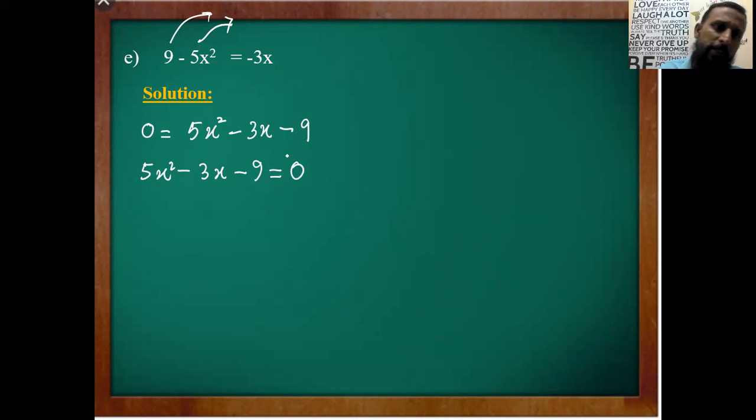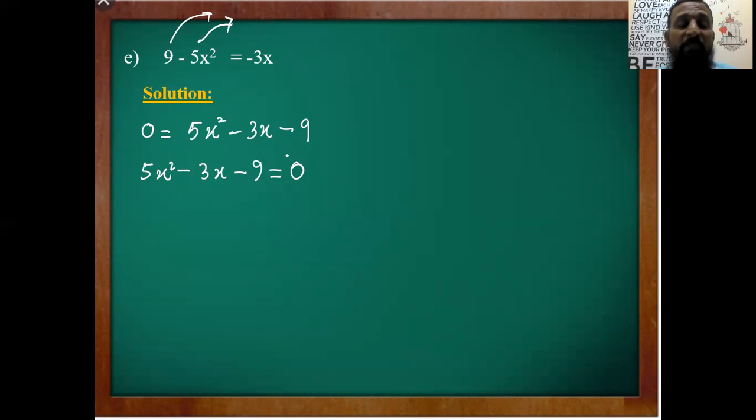I hope this makes sense to you guys. What I did, as I told you earlier, whenever you are solving a quadratic equation, your numbers should be on one side and the other side should be 0. So I moved this negative 5x squared, it moved there and became positive. And I also moved positive 9 to the other side, it became negative 9.